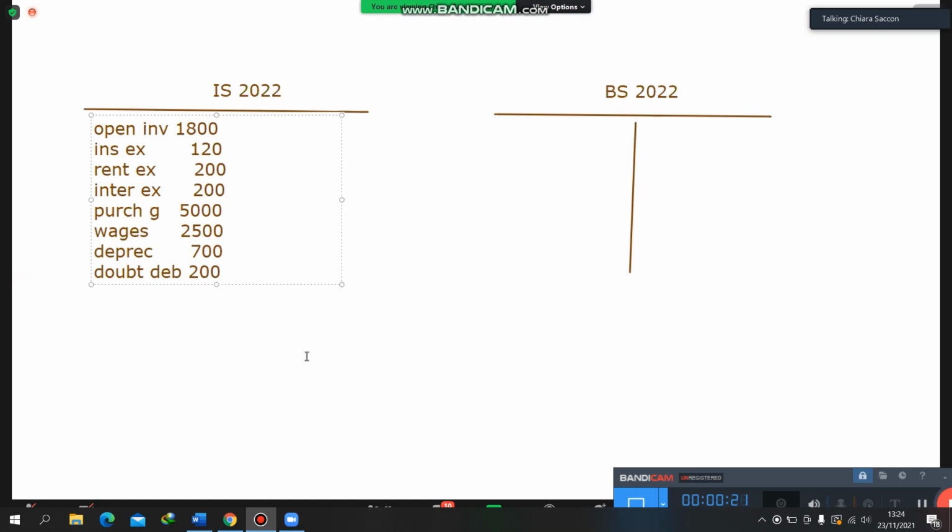As for the revenue side, we find the sales of finished goods for 10,000, and then the closing inventory for 2,000. So the profit, comparing the expenses and revenues, is 1,280. Okay, this is the amount of profit.